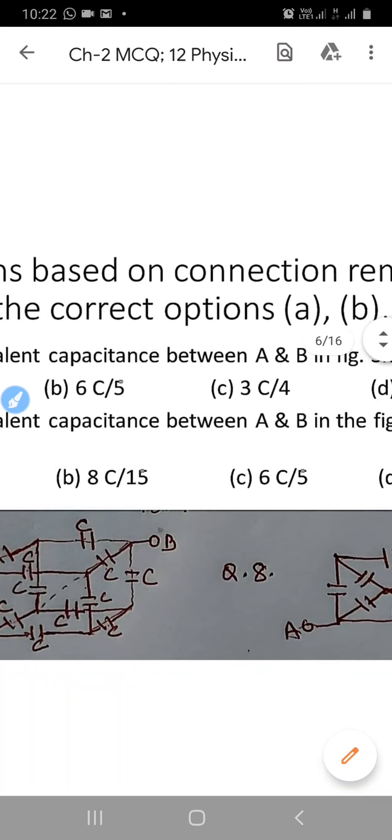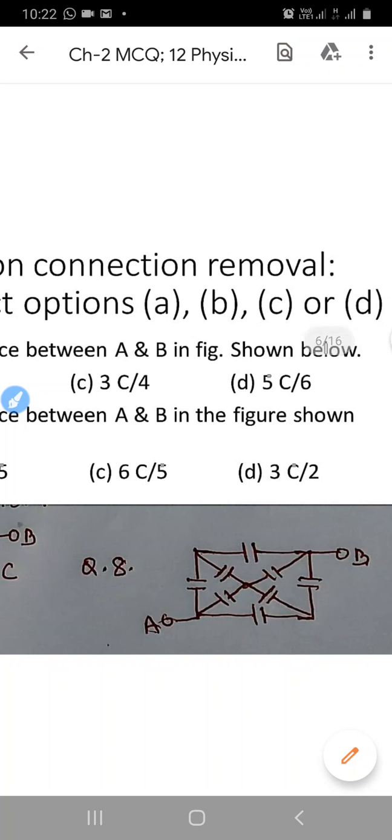Find the equivalent capacitance between A and B in the figure shown here. For this circuit, question number 8, also it is perpendicular symmetry.